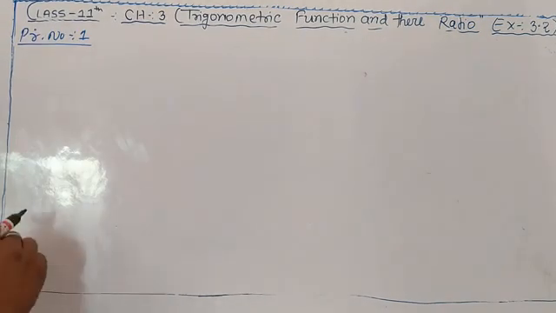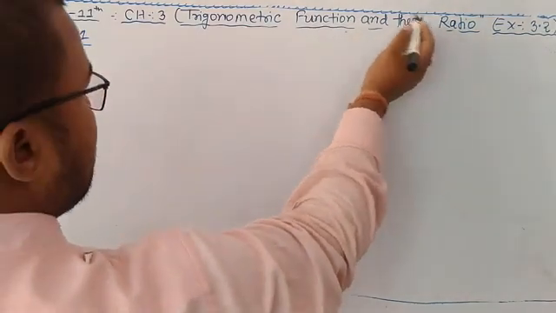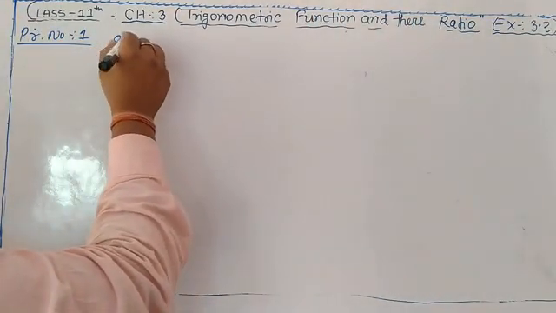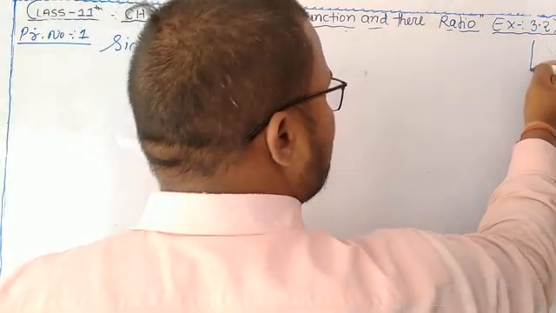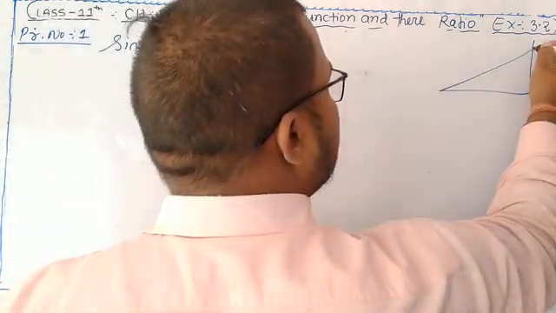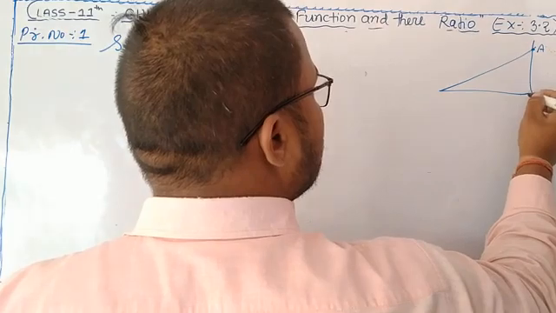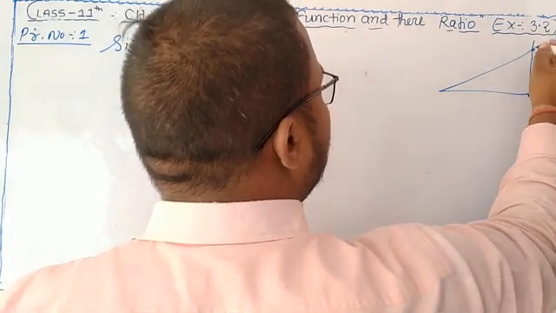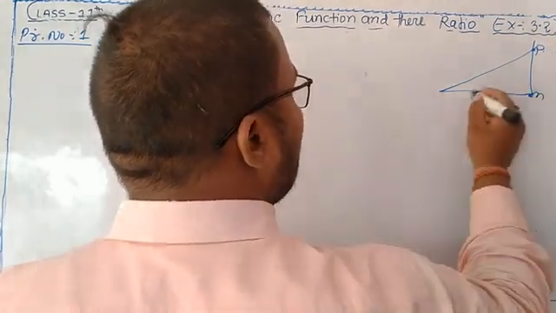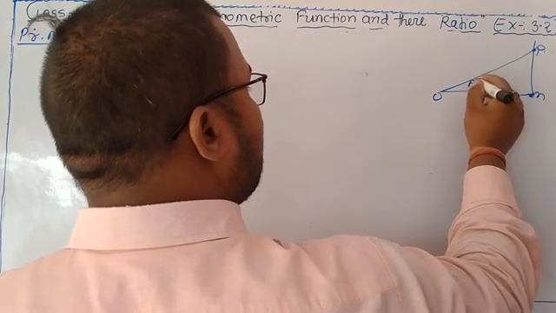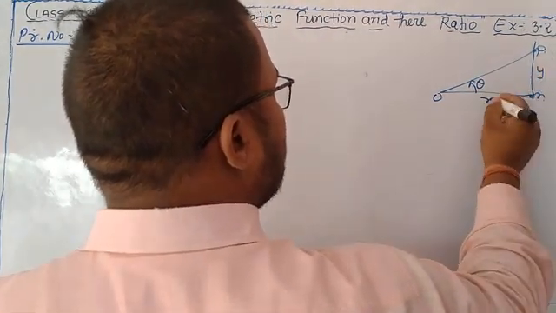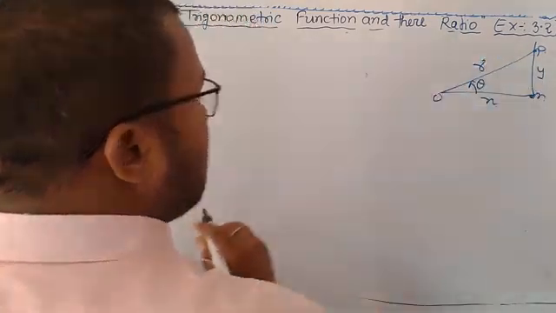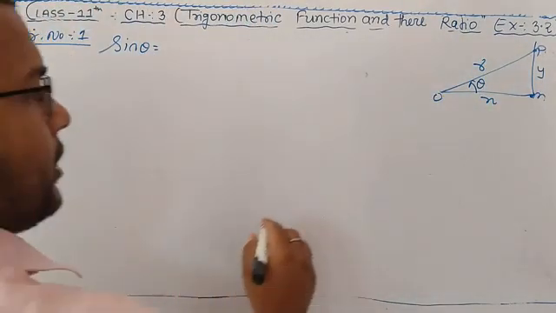Property number 1 related to the trigonometric ratios. We have drawn the right angle triangle PMO. This is the angle theta. These values are y and x. This is the radius, the hypotenuse.